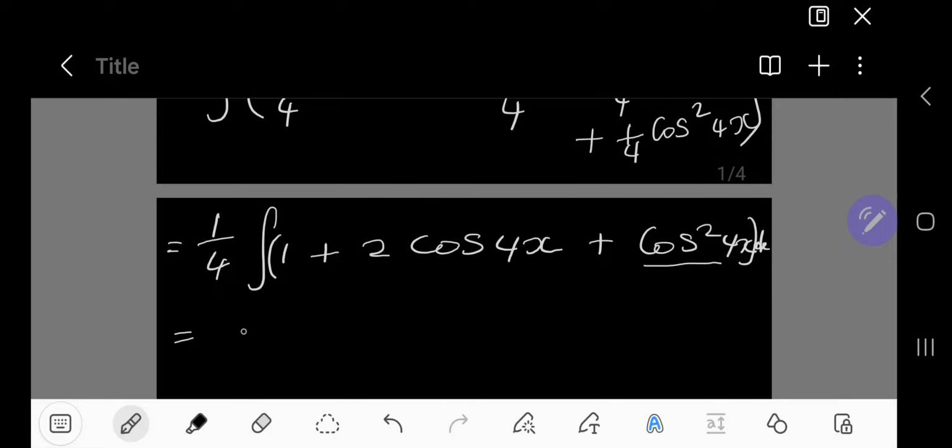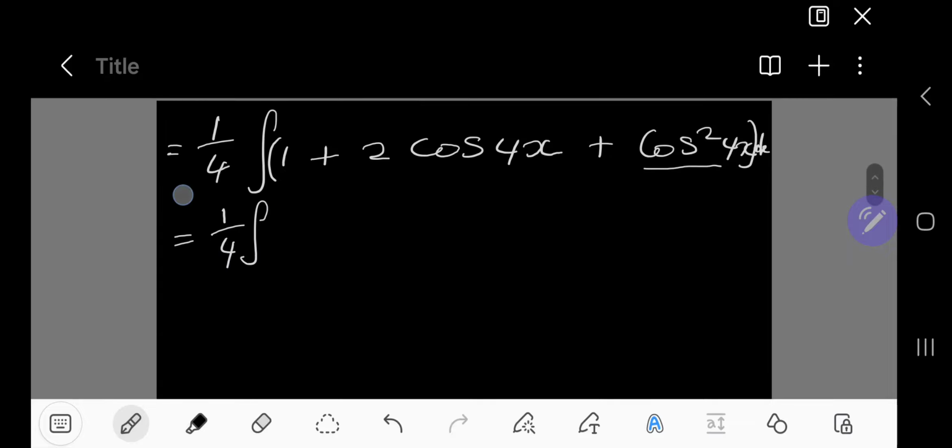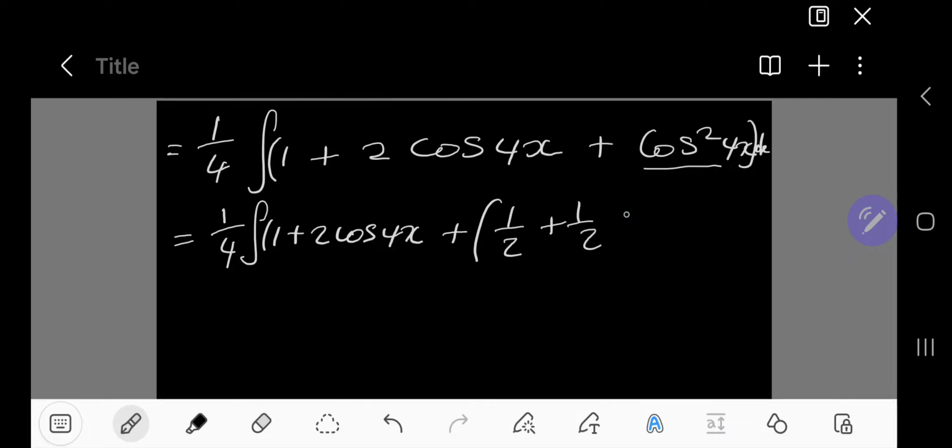So this is going to become 1 over 4, and we rewrite 1 plus 2 cos 4x plus 1 over 2 plus 1 over 2 cos, now 4 times 2, because our a is 4x.